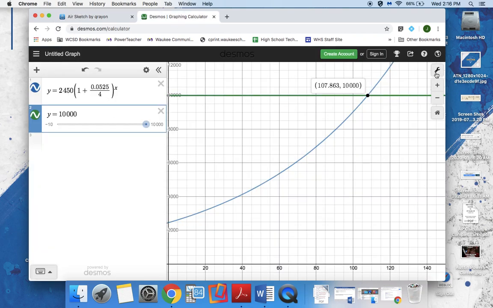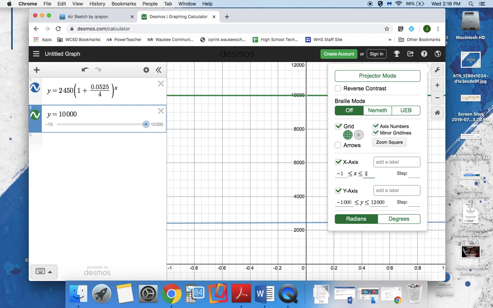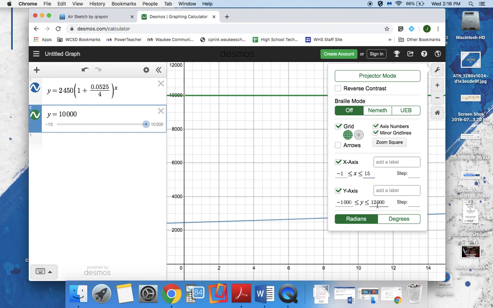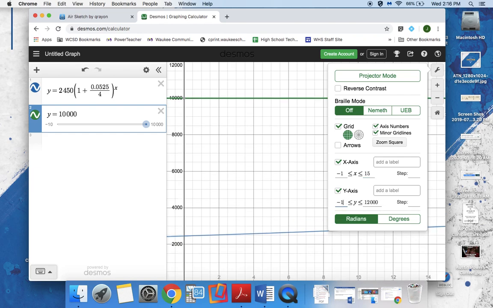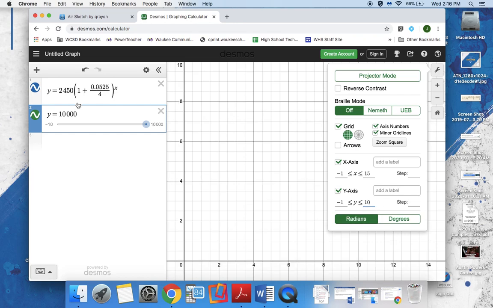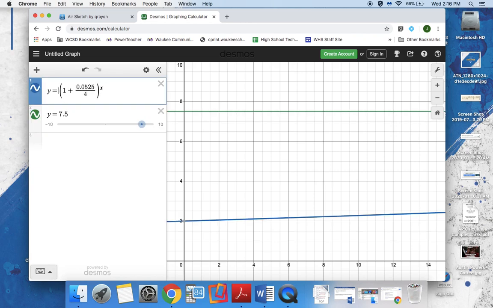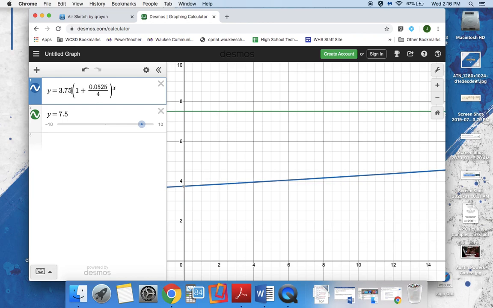So I want to change my settings again, because now I don't need something as large. I might need, like maybe 15 or something like that on the X. And I probably want to go to maybe $10 on the Y. And I know that that's $7.50. And I also know that my original amount was $3.75.